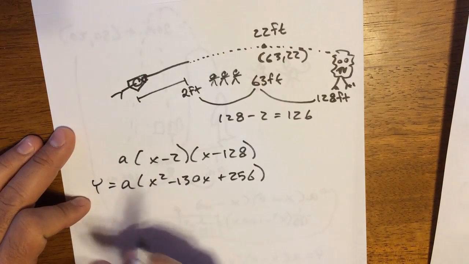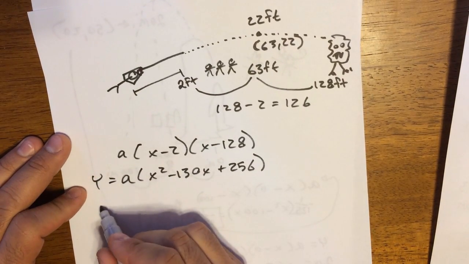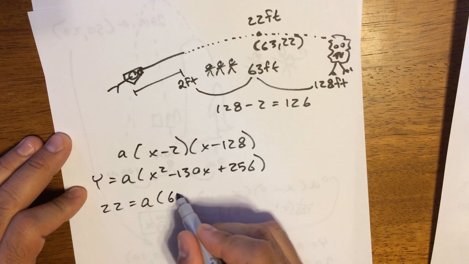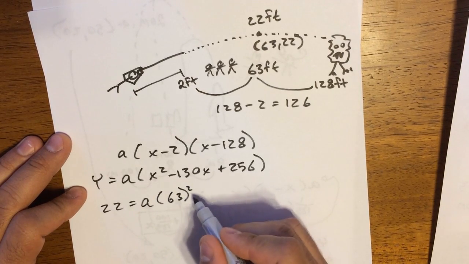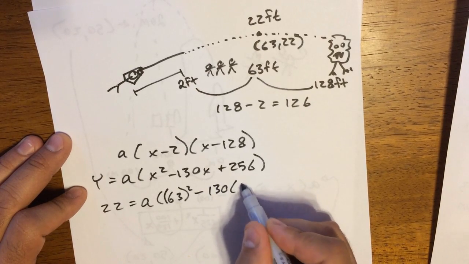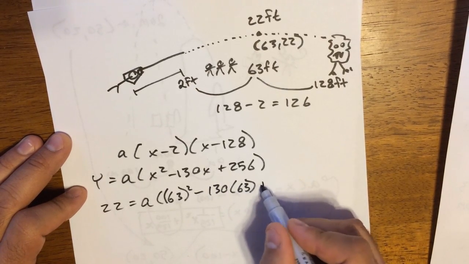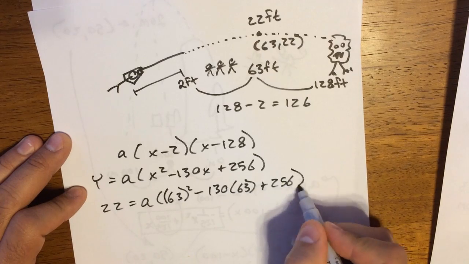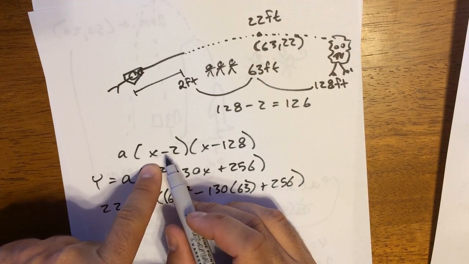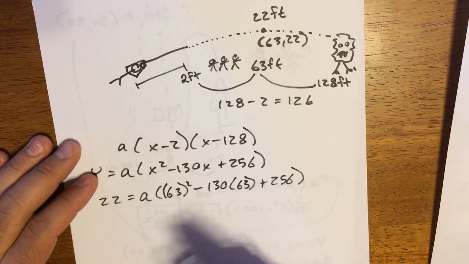So he's going to take that point and plug it in. 22 equals a times 63 squared minus 130 times 63 plus 256. Now, this is probably actually going to be easier if you plug it in up here, but that's okay. We can still do it down here.